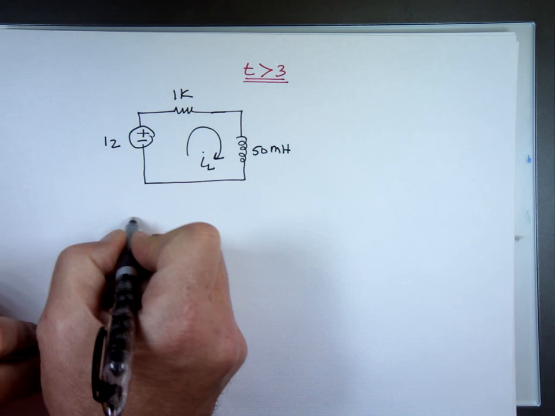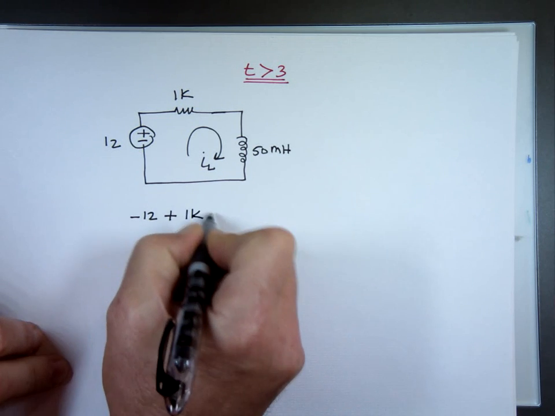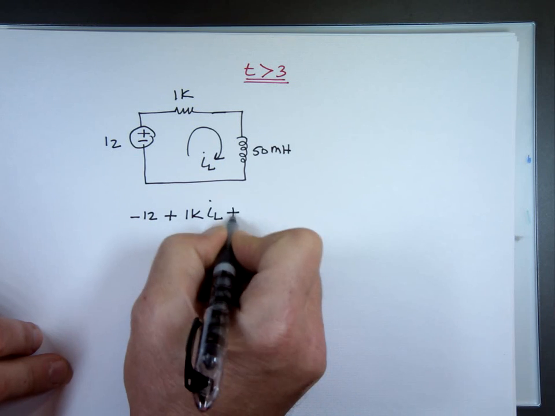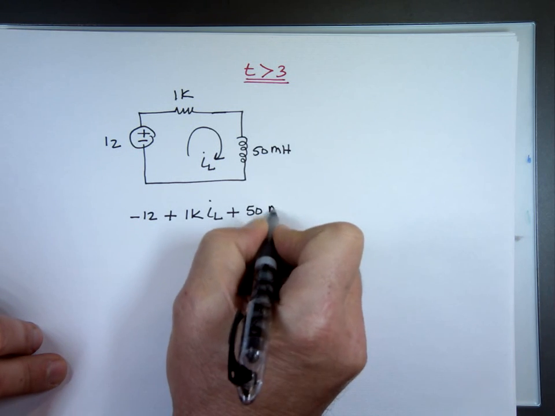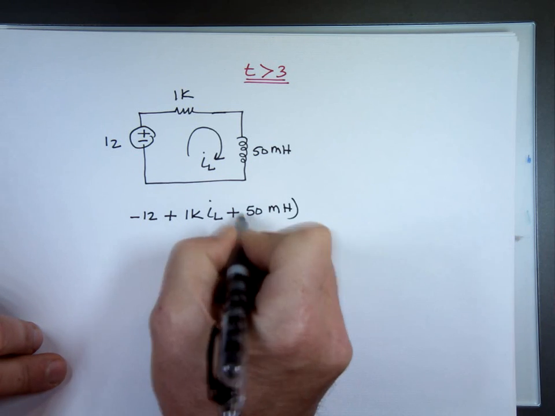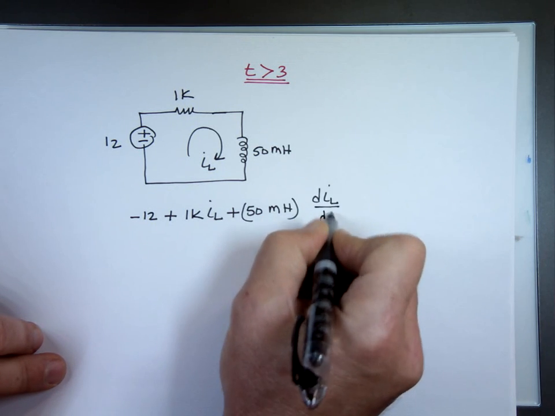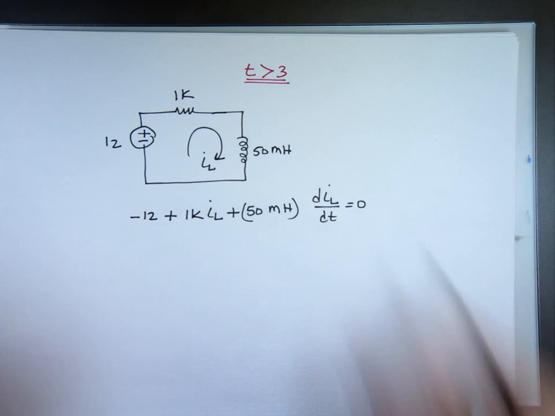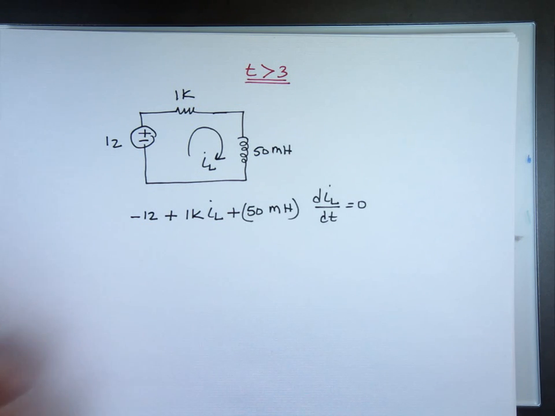Negative 12 plus 1K I sub L plus the voltage V equals L, which is 50 millihenry, the derivative of that. Take the minus 12 to that side, becomes 12 divided by 50 millihenry.